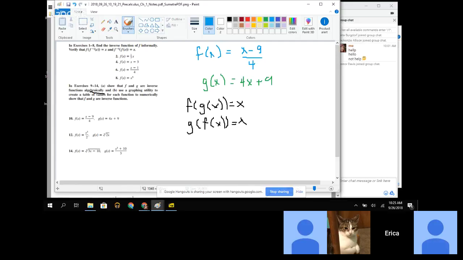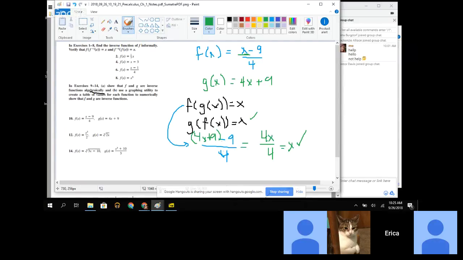So f of g of x looks like this. f of x is x minus 9 divided by 4, but instead of x I'm going to put in 4x plus 9. When I solve this, it's 4x plus 9 minus 9, which is just 4x over 4, which is x. So that checks out, right? And then I do the same thing for g of f of x.